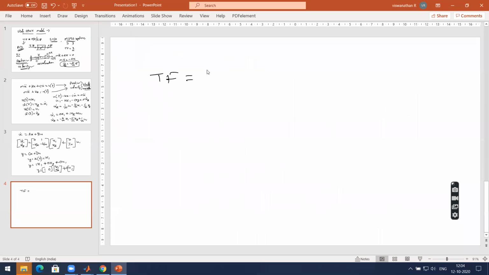What is the output? X. What is the input? U of t. Transfer function, so in the S domain. What is the equation?